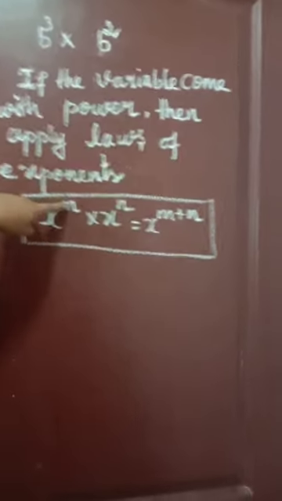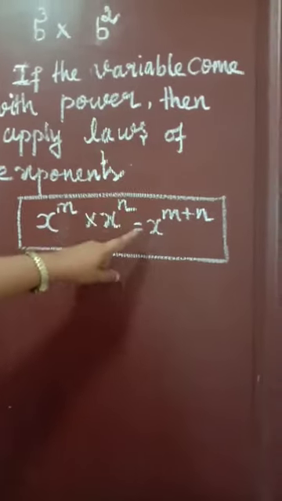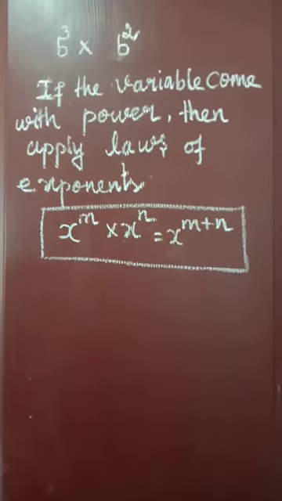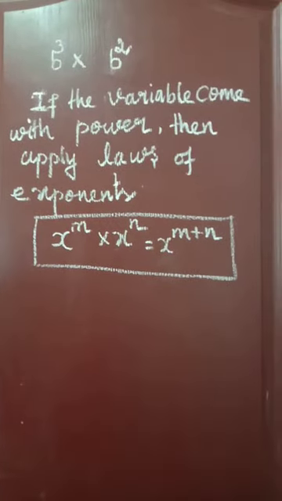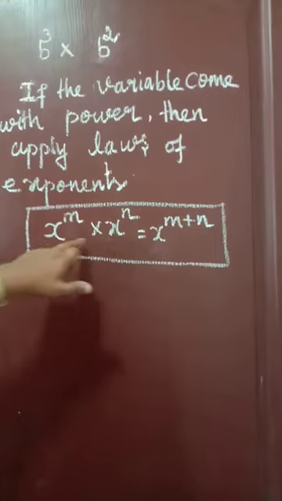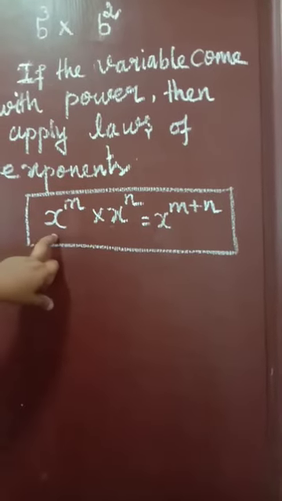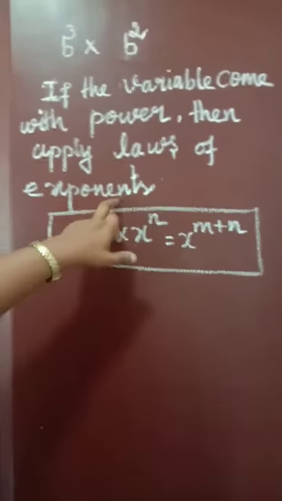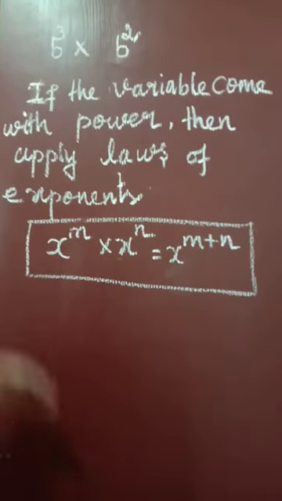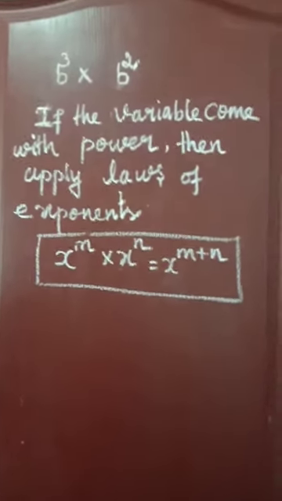So x power m into x power n is equal to x power m plus n. So what is the meaning of the formula? In multiplication, if the base is the same, we add the powers. This is called the first law of exponents.